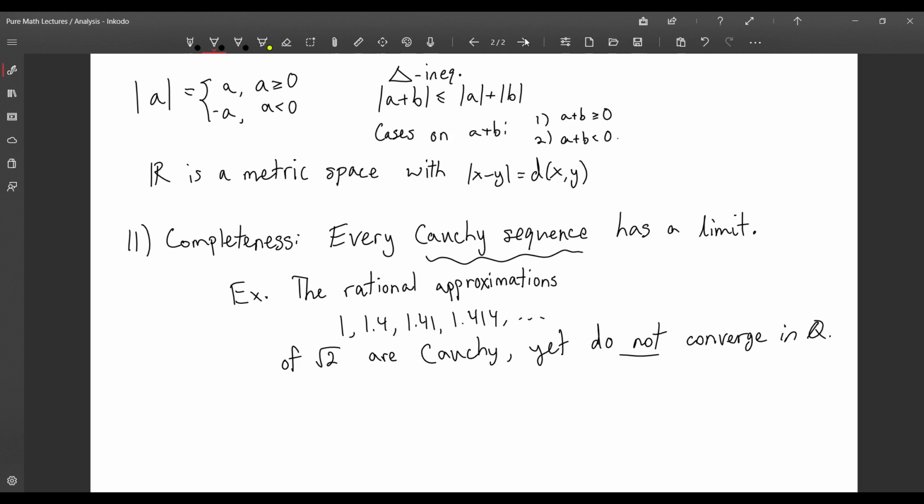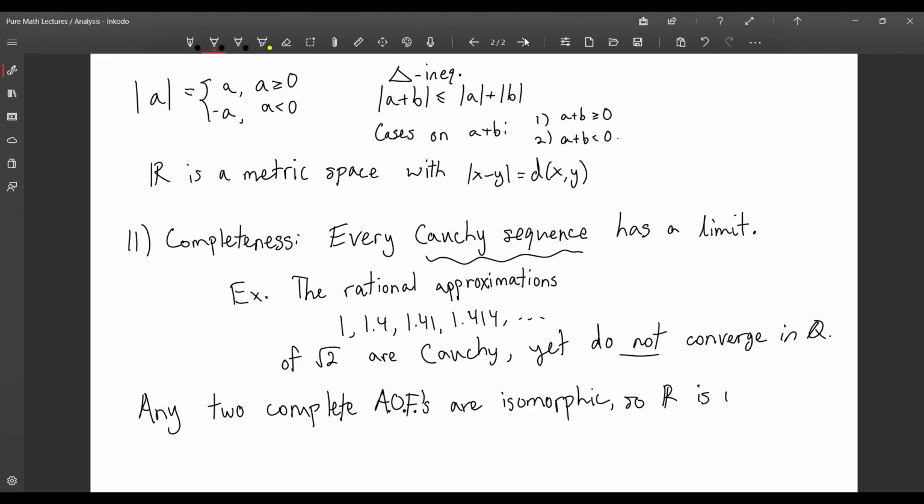And as I said before, it is possible to prove that any two complete AOFs, so Archimedean ordered fields, are isomorphic. So R, as we've constructed it, is unique. Or we would say it's unique up to isomorphism.